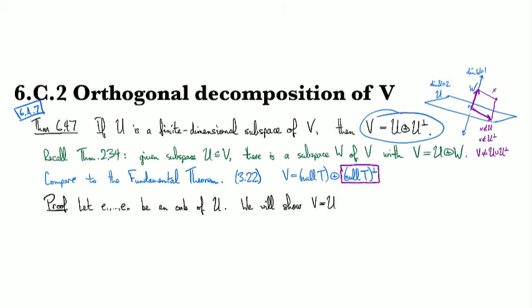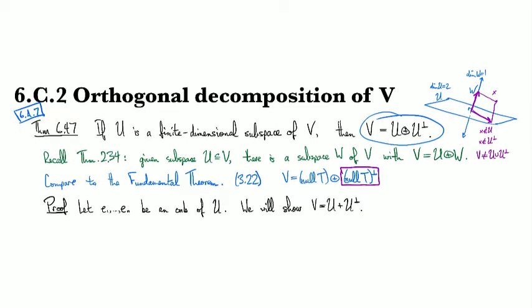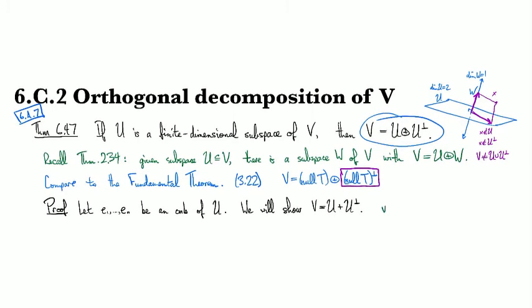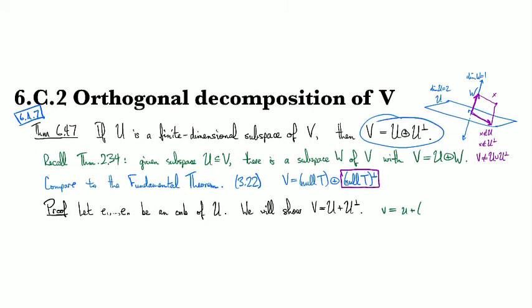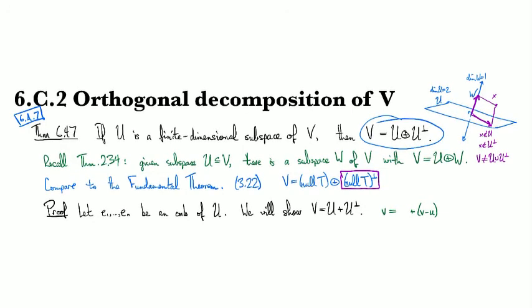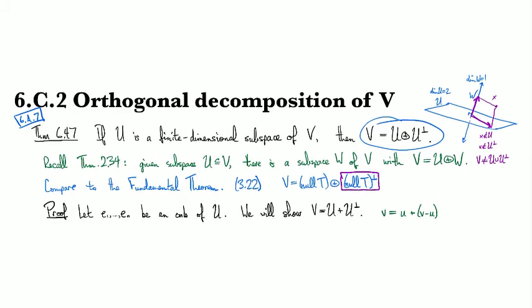So first we will show that anything in V can be written as a sum of something in U and something in U perp, right? And so the trick we're going to use for this is the dastardly thing where we're going to take V and we're going to write it as U plus V minus U. And by the fact that the U's cancel on the right side of this expression, it's stupidly true.